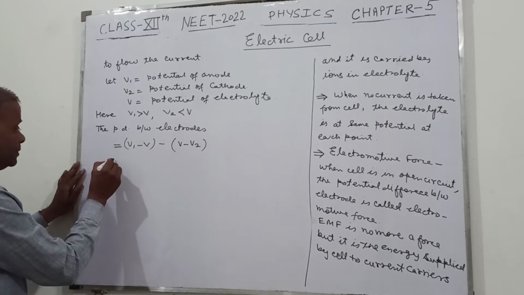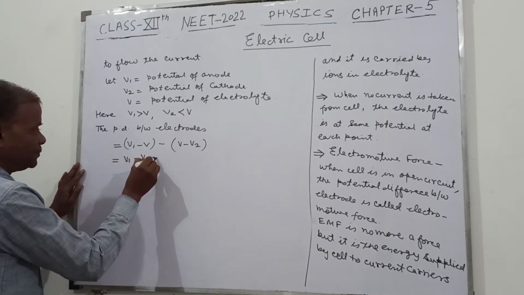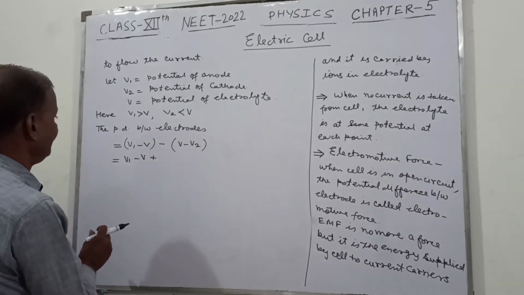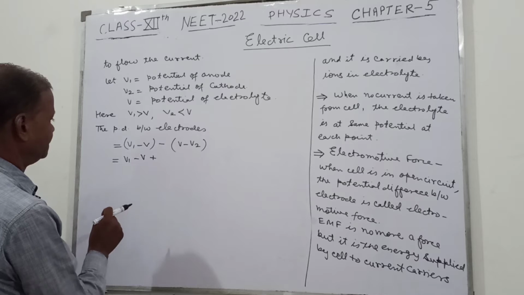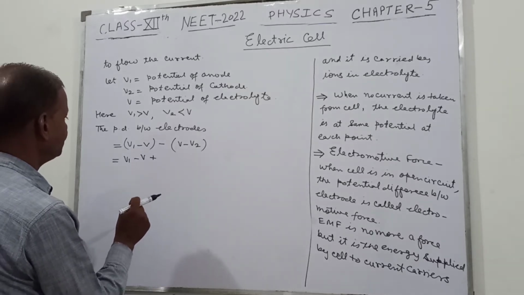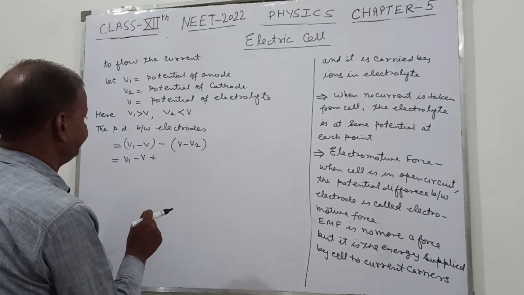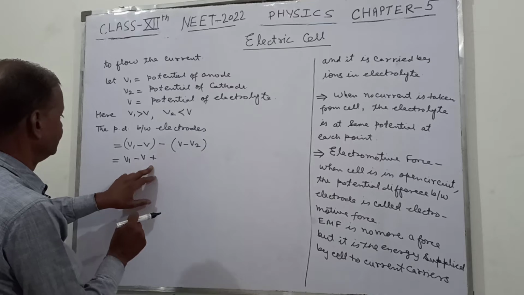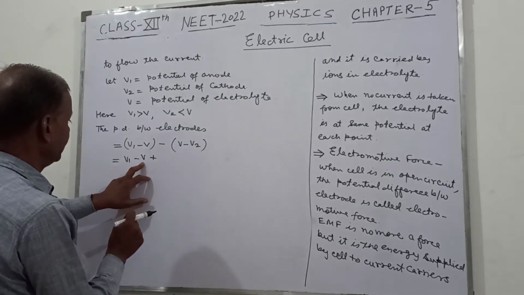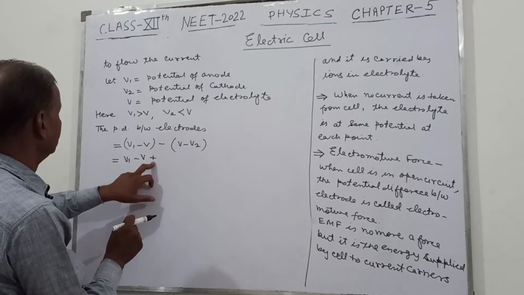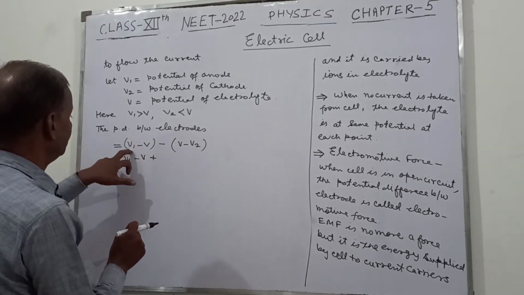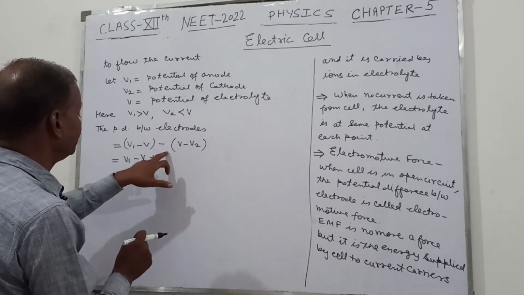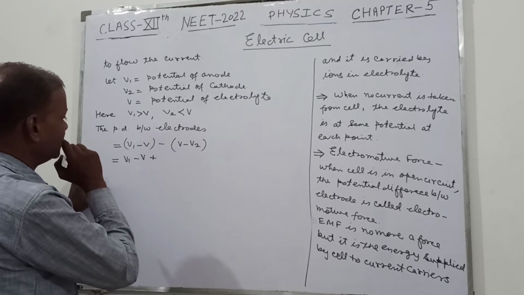Then this will be equal to B1 minus V plus V minus B2. Now we have to take the sum of these two potential differences.